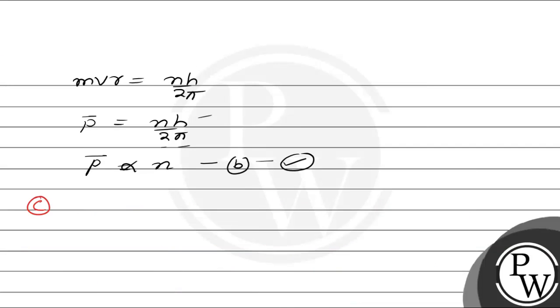To get the velocity expression, we will use the same Bohr's postulates, that is mvr must be equal to nh upon 2 pi, and the centripetal force required by the electron, mv square by r, must be equal to the force acting between nucleus and electron. This was kZe square upon r square. So students, from here we can write the value of r as nh upon 2 pi mv, and here we can see that this r will cancel out one r from r square.